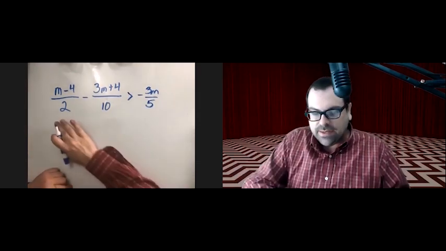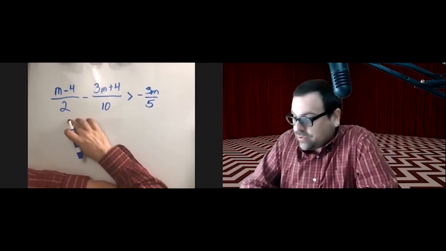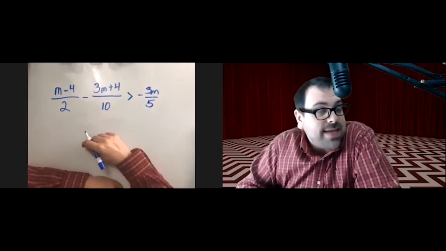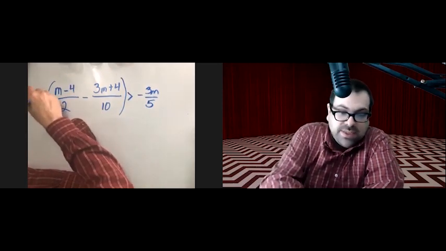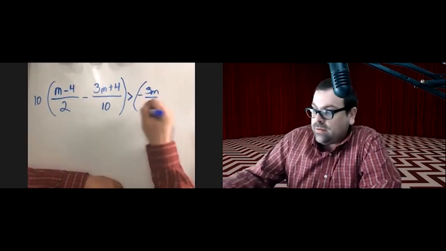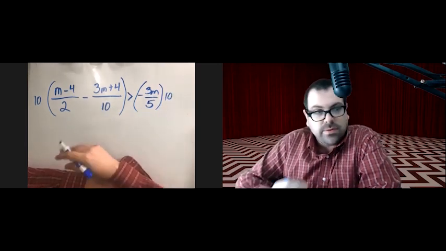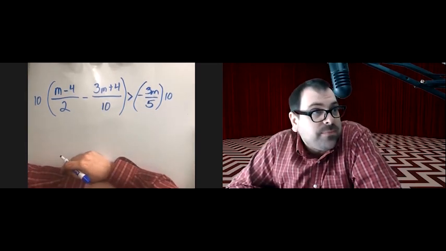The LCD, the least common multiple of 2, 5, and 10, that's going to be 10. I'm going to go ahead and multiply both sides by 10 so that I can get rid of the fraction.